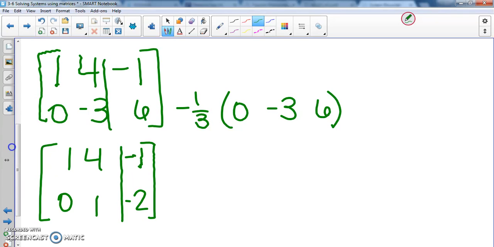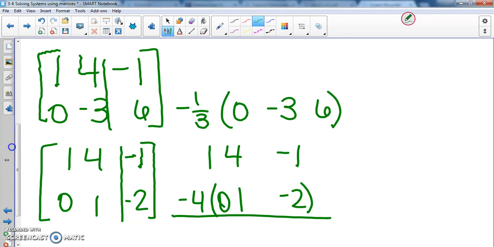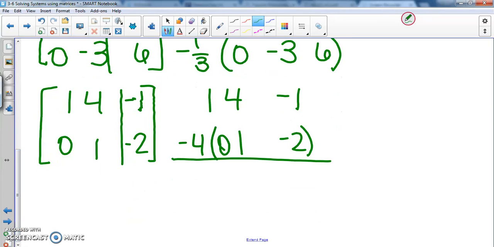So I'm going to add row 1 to -4 times row 2. 1 plus 0 is 1. 4 plus -4 is 0. -1 plus 8 is 7.